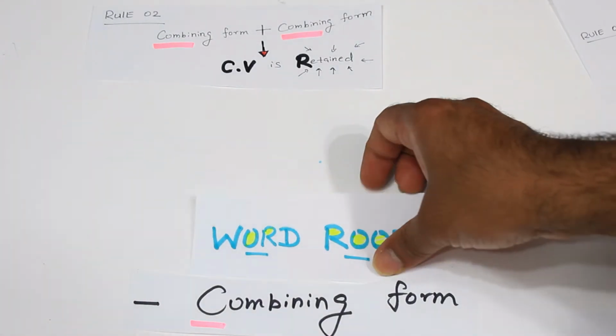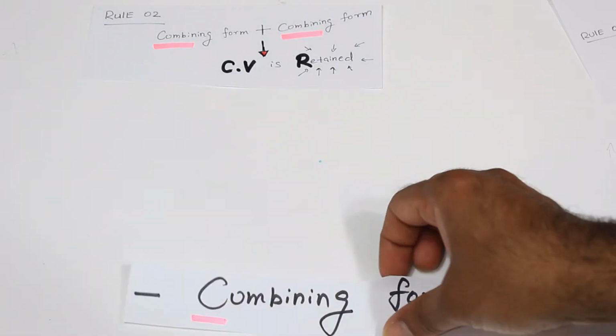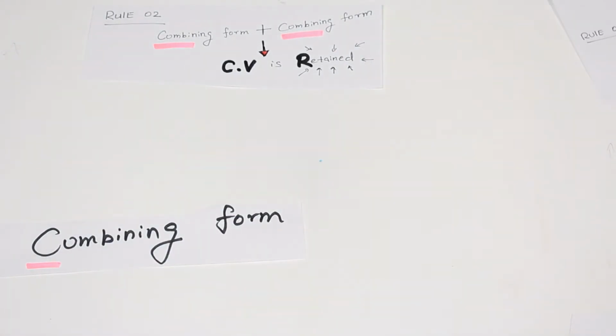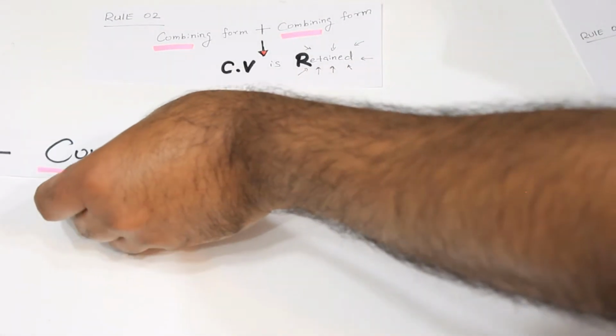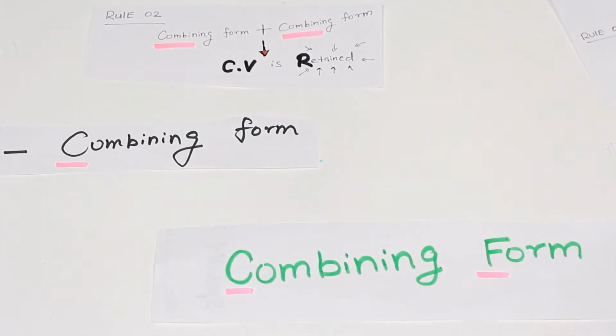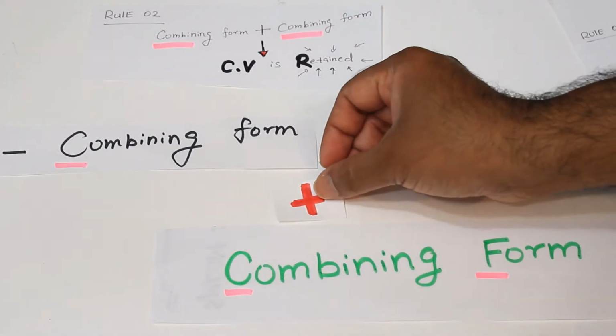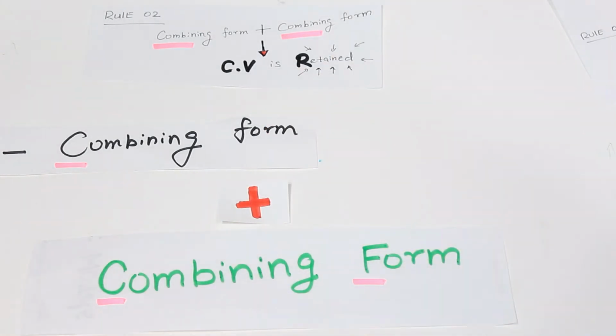So how about we do it like this: a combining form joined with a combining form. Then we can make a medical term.